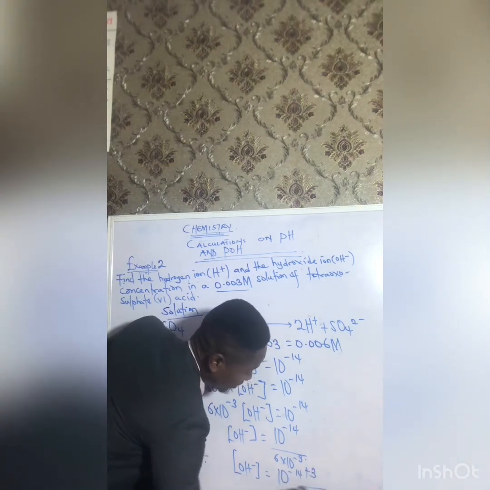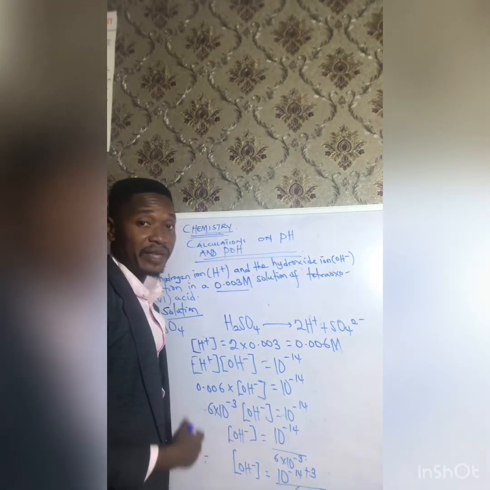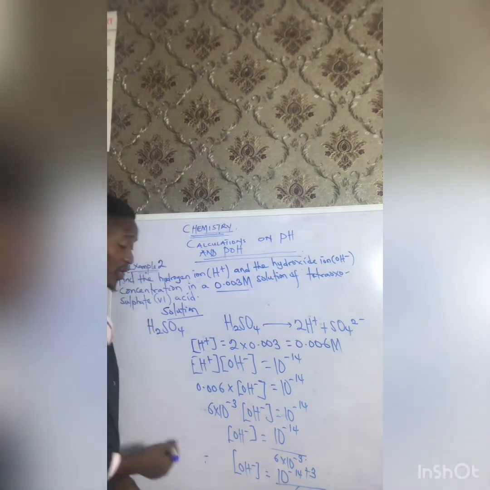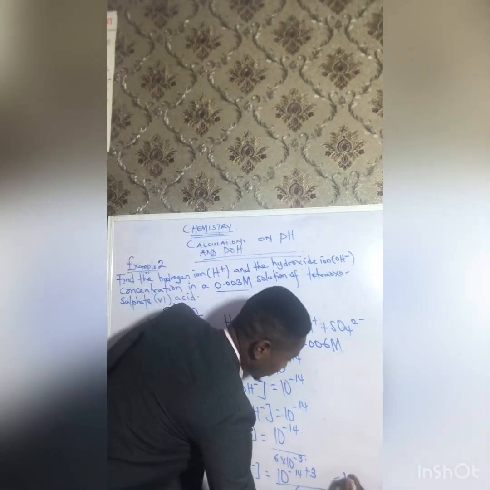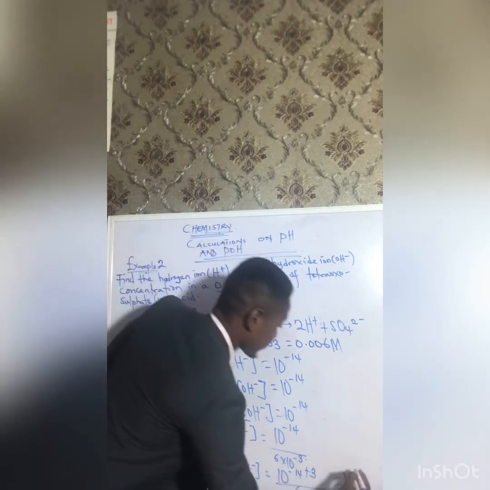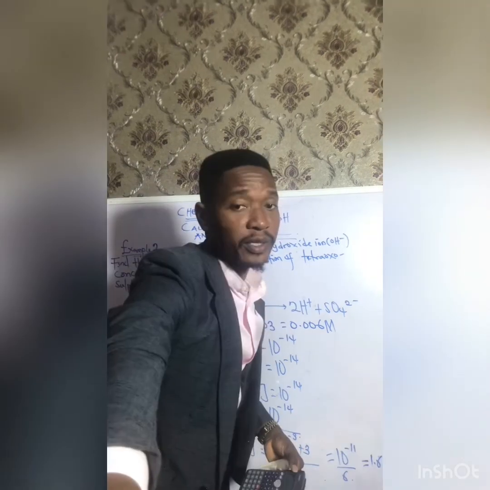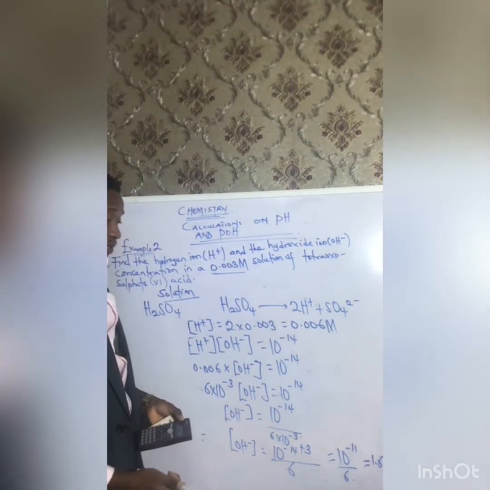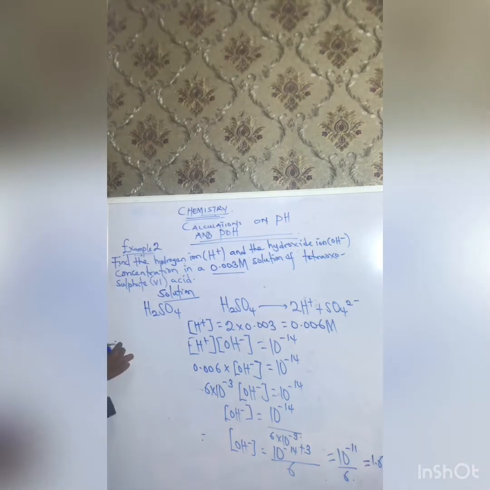If you don't know how to do the standard form, don't bother yourself, you just have to learn it. It makes calculations like this very, very easy. So eventually you're going to have 10 raised to the power of minus 14 plus 3, that's minus 11. So our final answer is going to be 1.67.